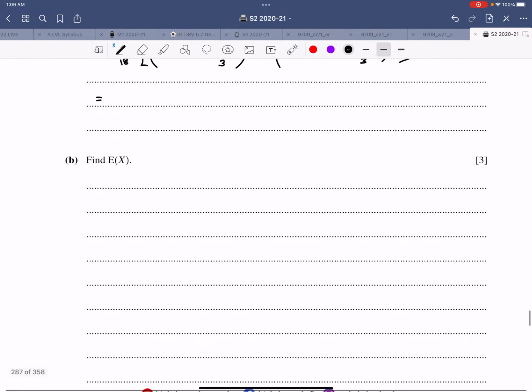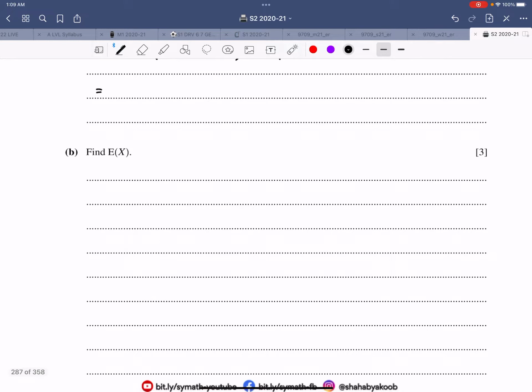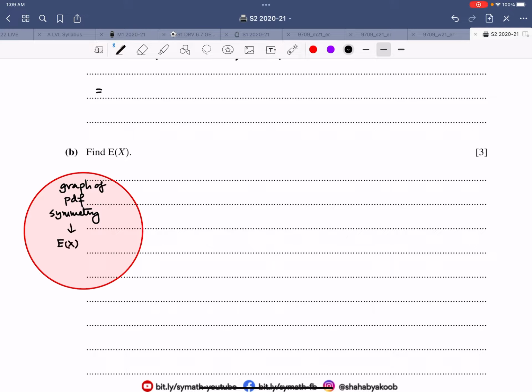Now let's talk about expectation, and there is one thing that people start taking for granted. That is, we know that when we talk about a graph of PDF in which there is symmetry, so expectation of x is midpoint of the roots. So this is roots, midpoint of sum of roots.